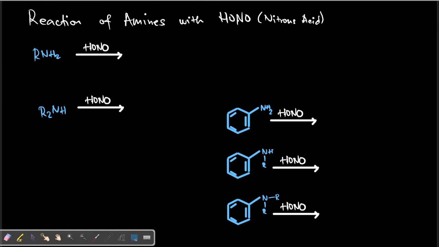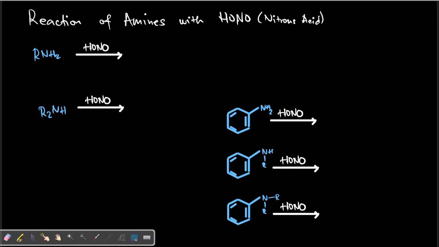But in any case, for these reactions, we have here the primary amines, secondary amines. Then we have here our aromatic amines. So we have the primary aromatic amines, the secondary aromatic amine, and the tertiary aromatic amines with their reactions with HONO.